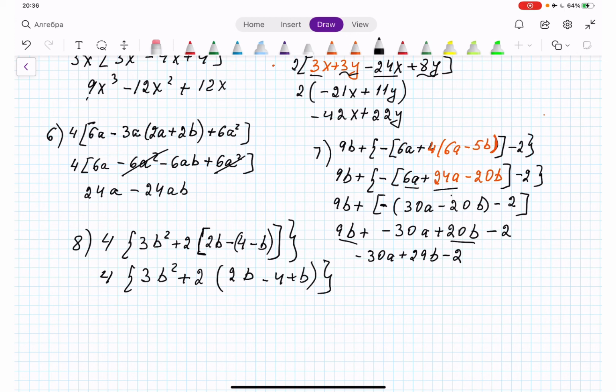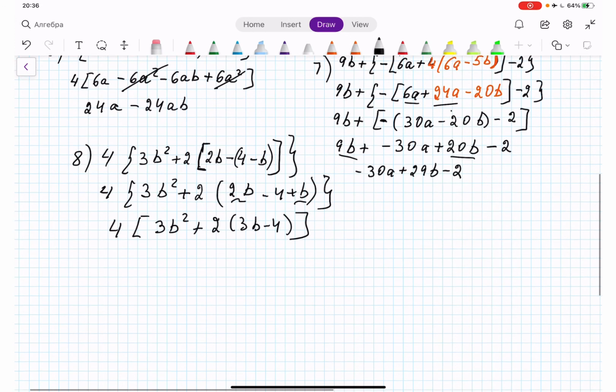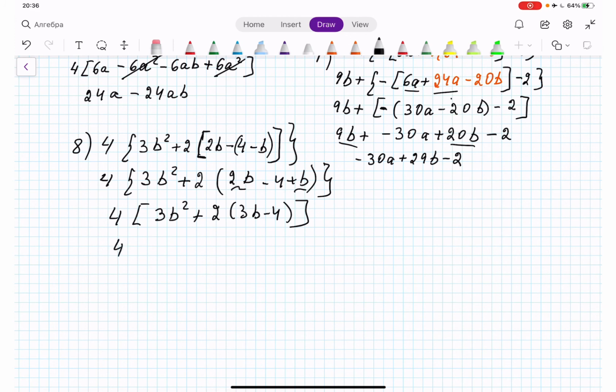Okay, and here we get 4 times, let me put square brackets, 3b squared plus, so here we have 2b and b, it's going to be twice 3b minus 4. Okay, here we get 4 times 3b squared plus 2 times 3b, it's going to be 6b, and then minus 8.